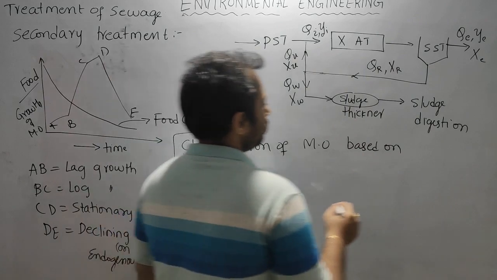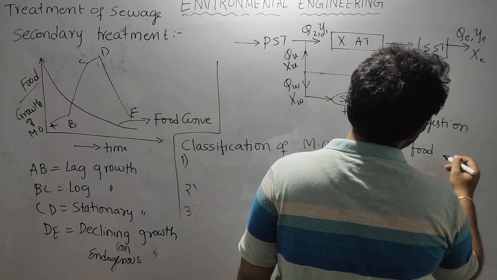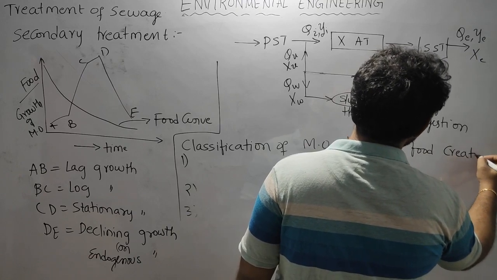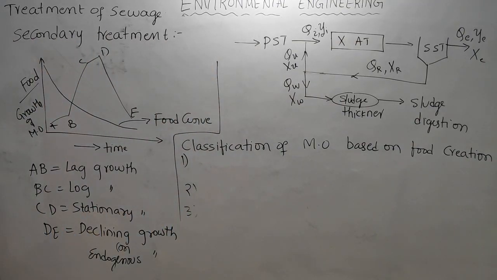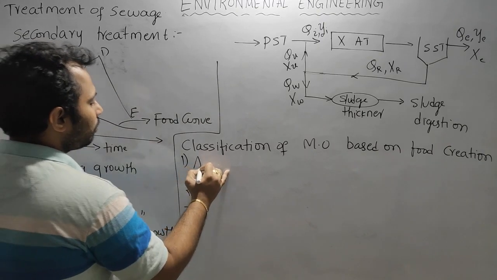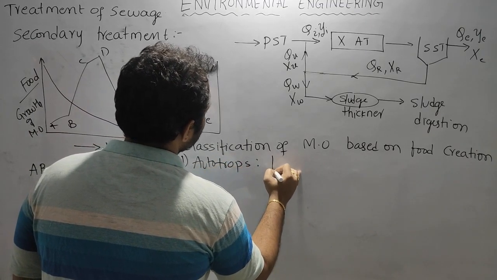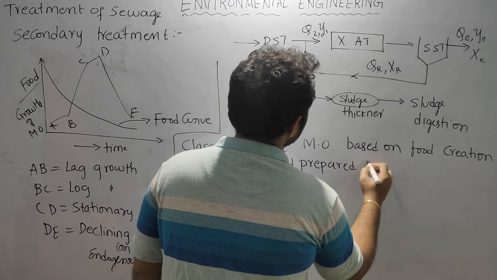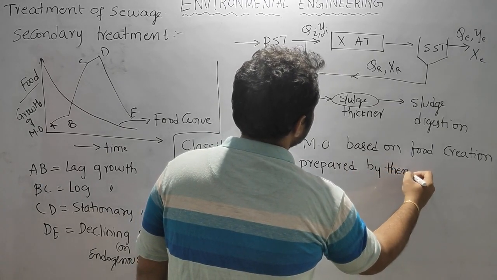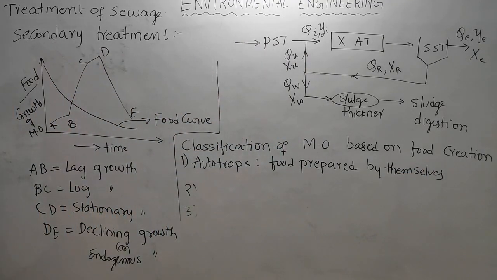Based on food creation, if they prepare food on their own, those are called autotrophs.